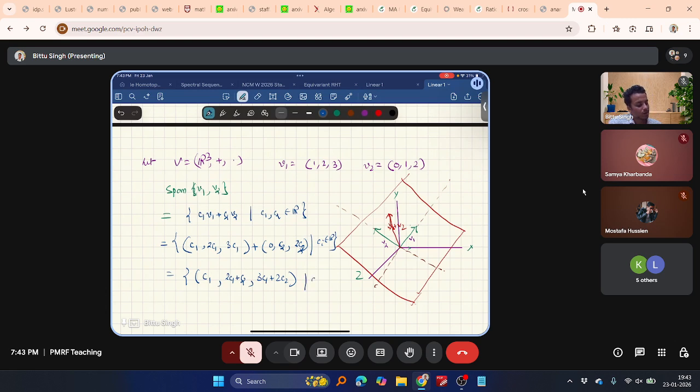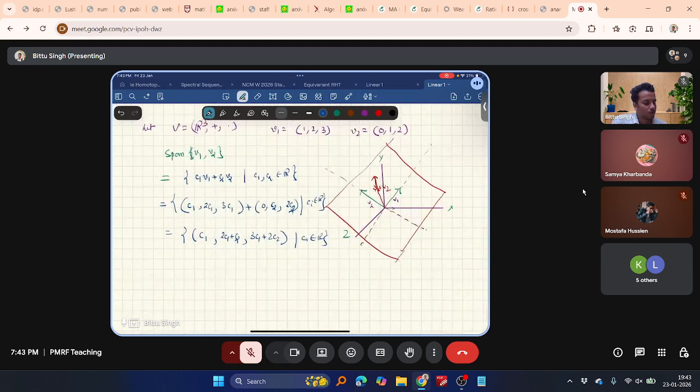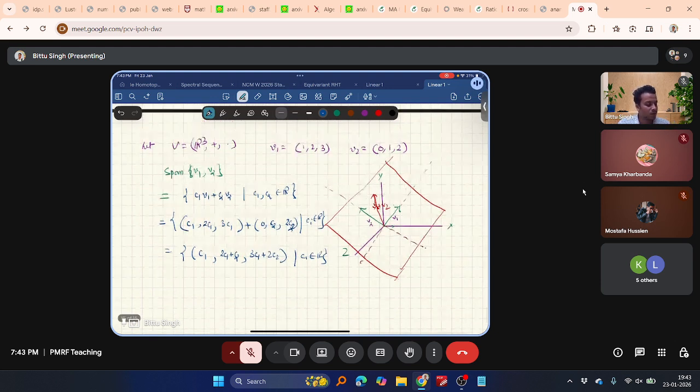So this will be the linear combination of those two vectors, and this will generate a plane like this. But the issue is it is hard to see what the elements of this plane are, or what the elements of this spanning set are.